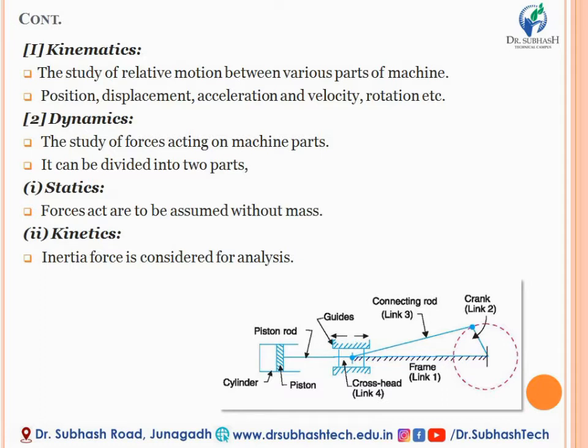Similarly, if you are doing a dynamic study, and especially static analysis, then the engine can be treated as a framework, because in statics we are not concentrating on the mass; we are just determining forces without the mass of the links. So if you are doing static analysis, of course you have to ignore the mass. The force acting on the piston at various positions can be determined if the pressure and area of the piston are known.